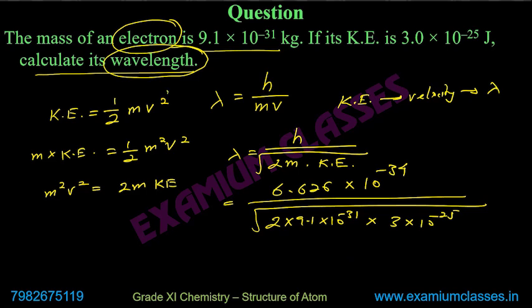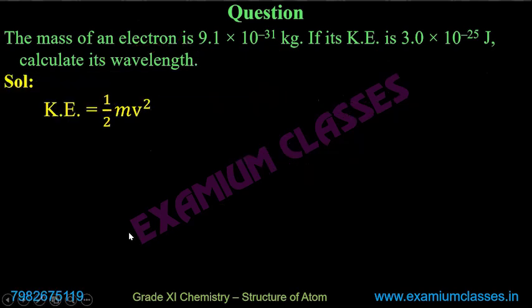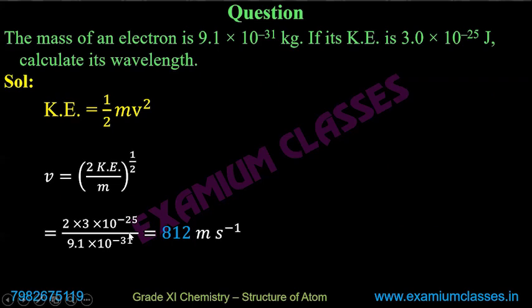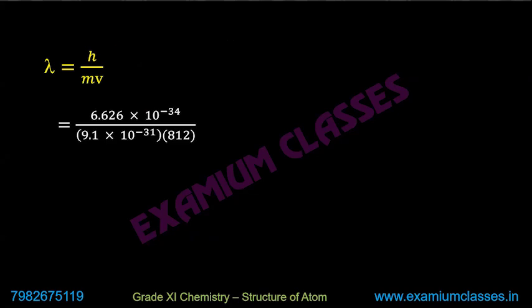Either you first calculate the value of v and substitute it here, or you substitute the value of mv directly and then get lambda.